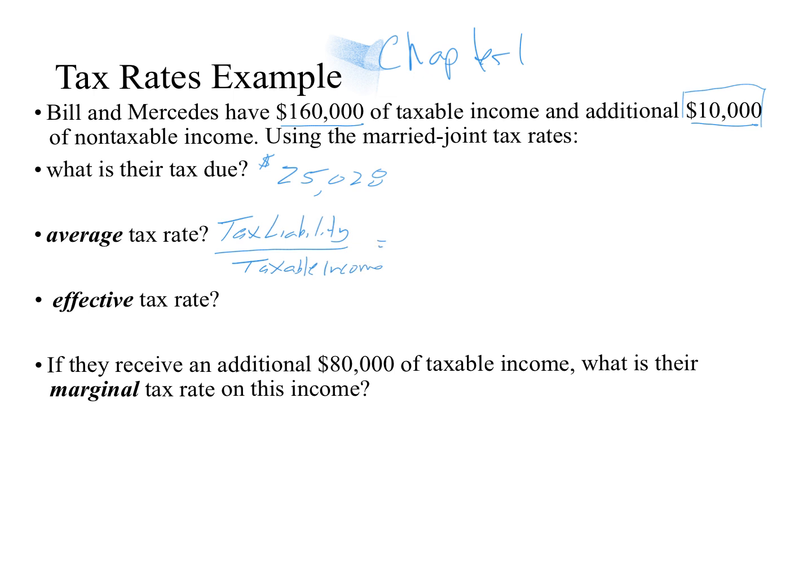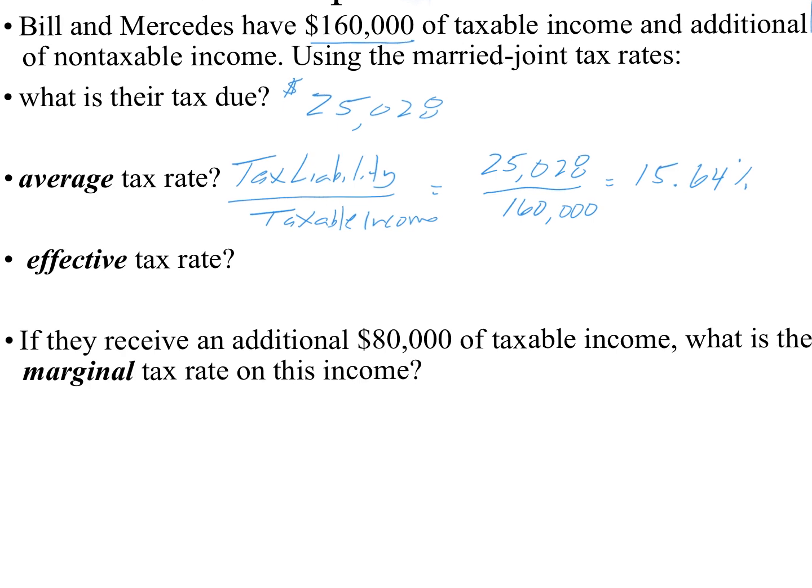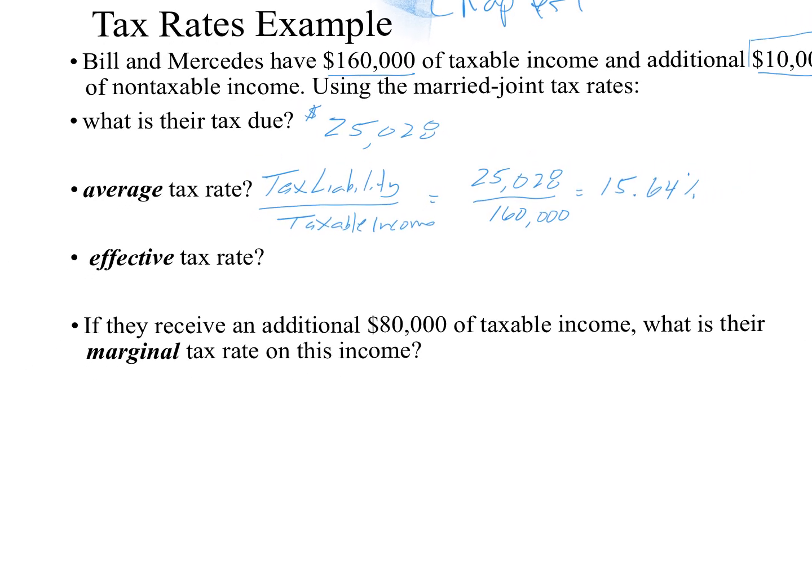And so what that gives us is this 25,028 over our taxable income, which was 160,000. And so that gives us an average tax rate of 15.64%.